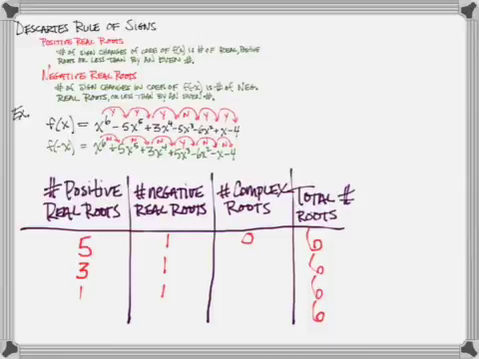I'd have 6 real things that cross the x-axis. So that would be nice. If I have this, I already have 4. How many complex roots do I need? I need 2. All right? And then the last one, if I have 2, how many do I need? 4.